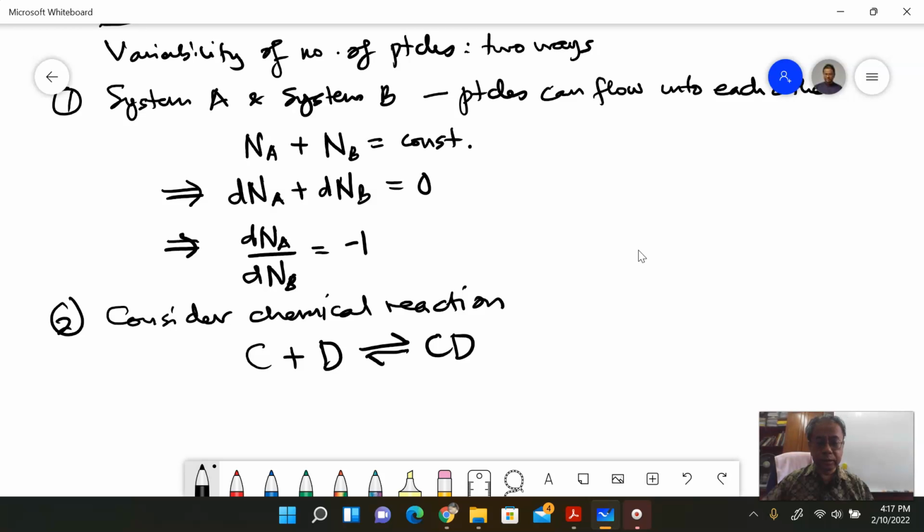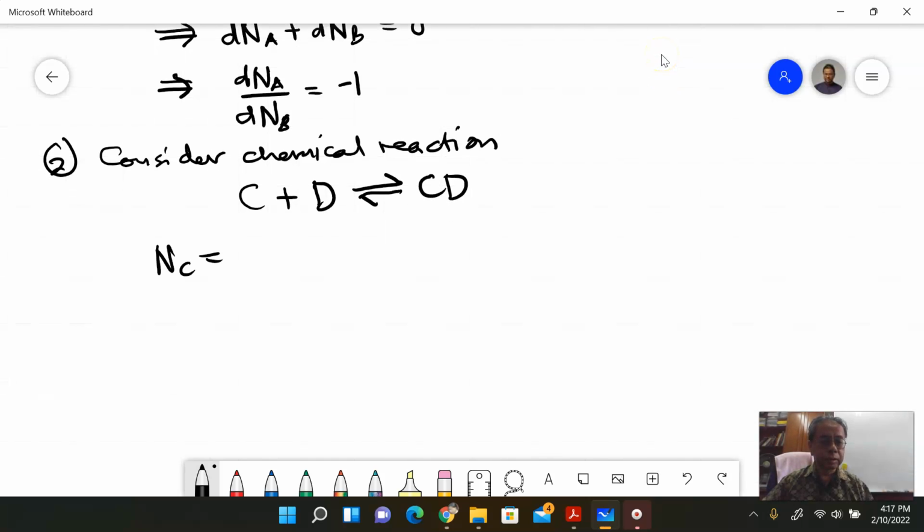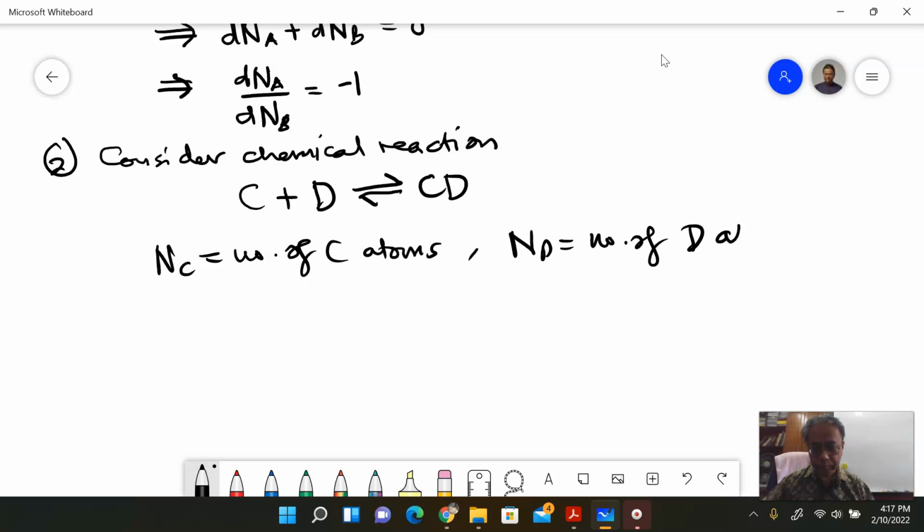So Nc, let me just write this. Nc will be the number of C atoms, Nd is the number of D atoms, and Ncd is the number of CD molecules.